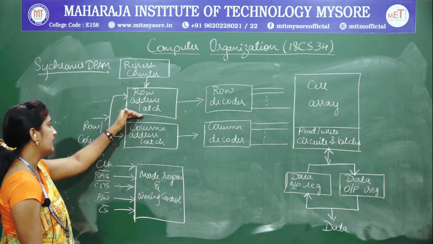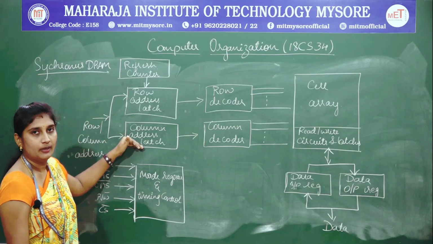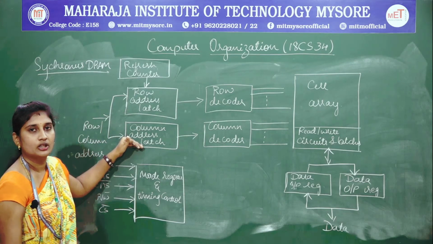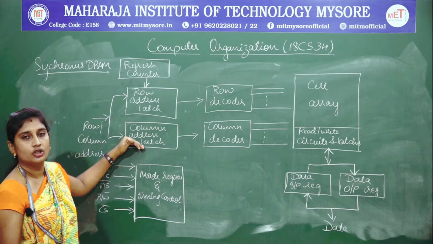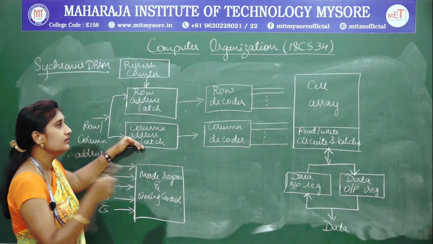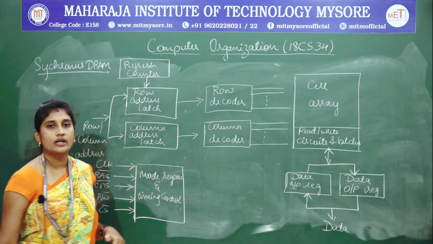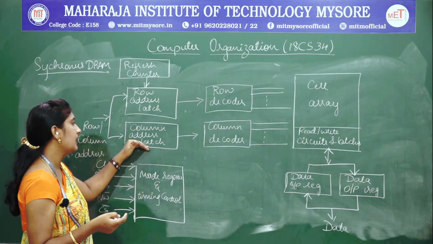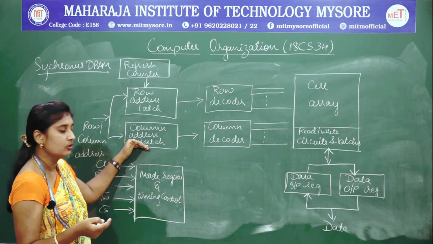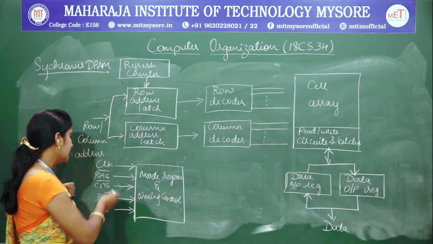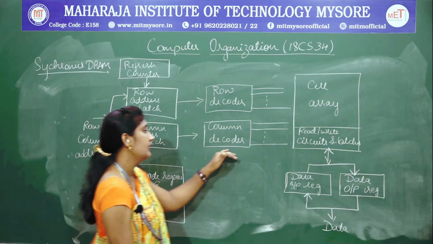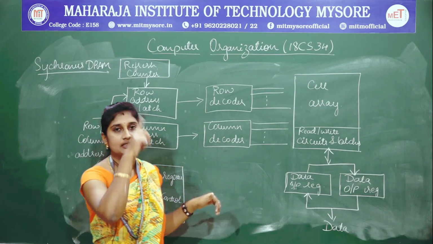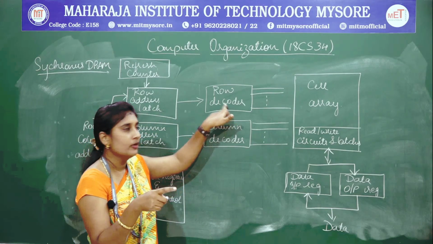After sending the row address, we come to your column address, just as you were performing in your asynchronous DRAMs. The same thing will be performed in your synchronous DRAM also, but the one difference is that everything will be counted in clock cycles. Again the column address latch will be sent to it, and you will be sending the CAS, that is the column address strobe, and that column address will be decoded for the selected row.